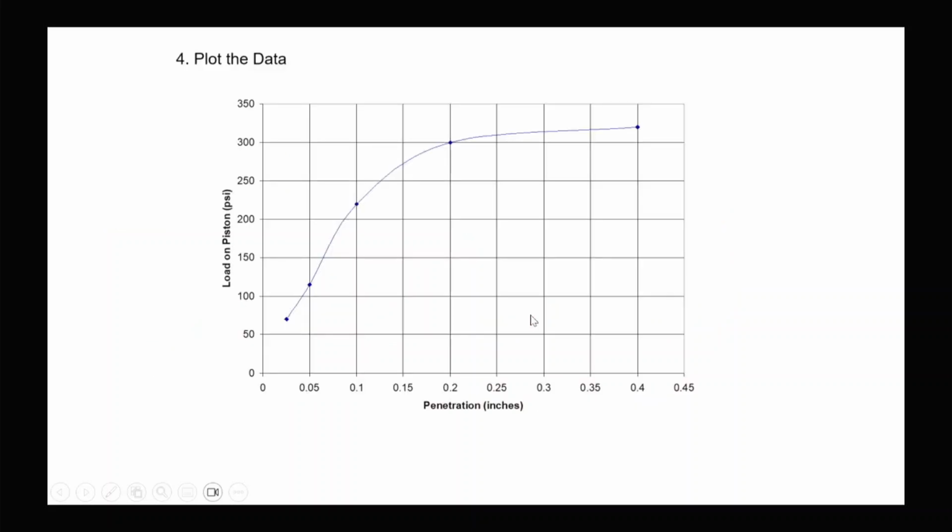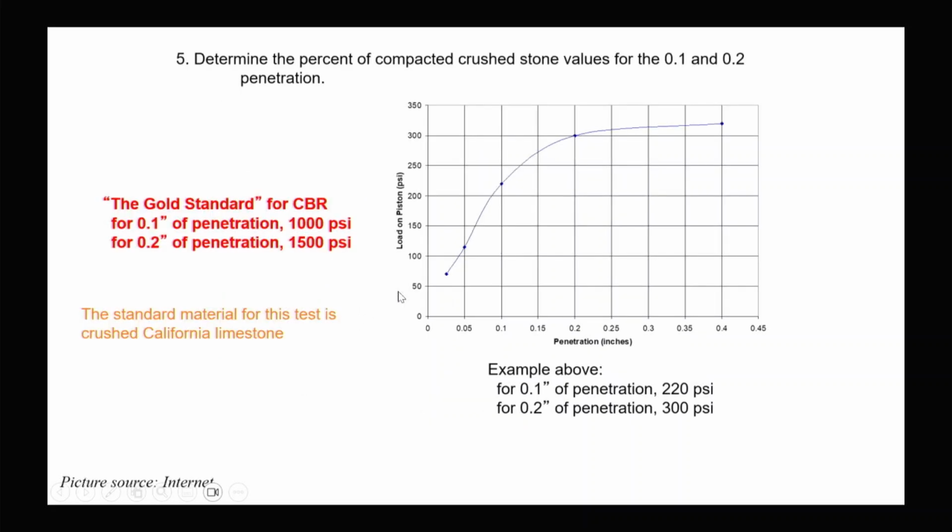Now here, for different penetration and for different load, the penetration is calculated. Now the gold standard: for 0.1 inch penetration the pressure should be 1000 psi, and for 0.2 inch penetration the pressure is 1500 psi.